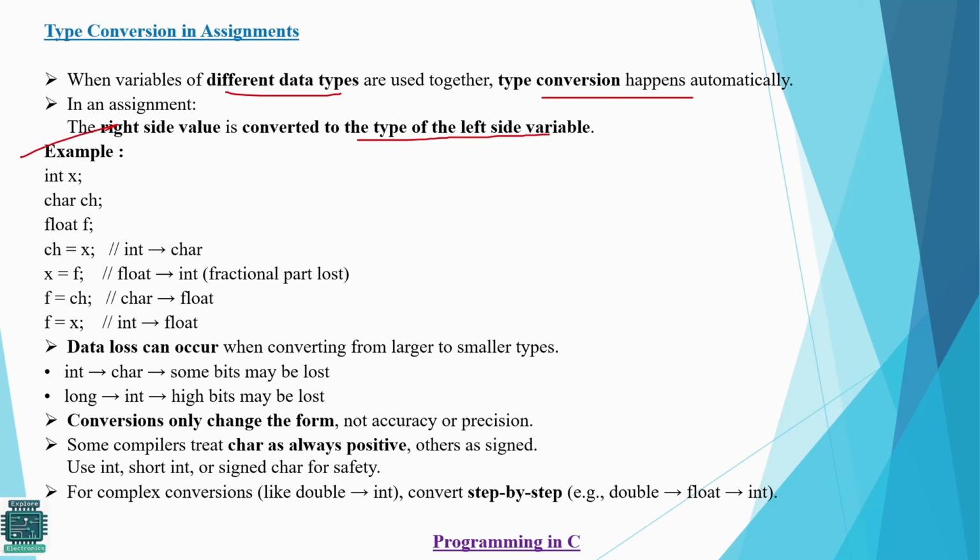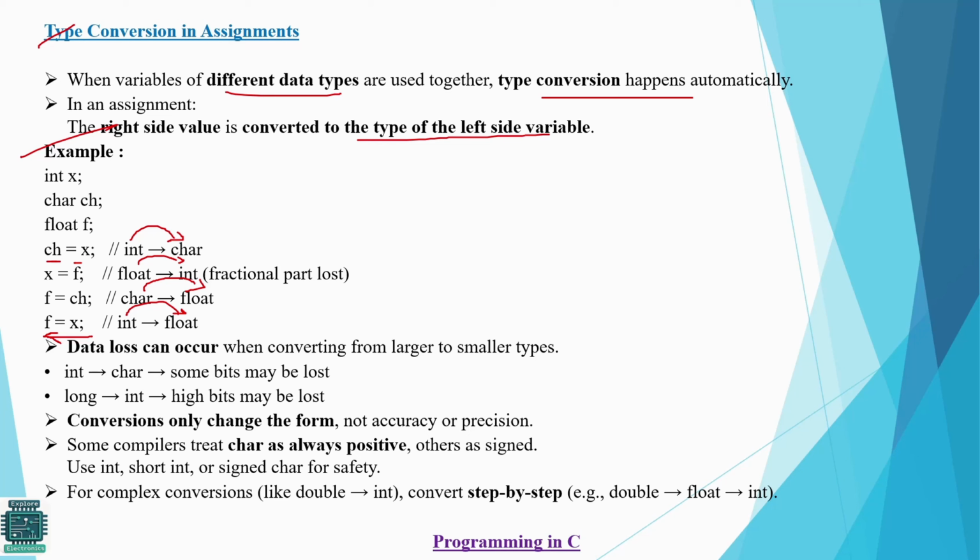Here we have int, char, float: int converted into a char, float converted into an int, char converted into a float, and int converted into a float, in this direction. This is what we call type conversion.